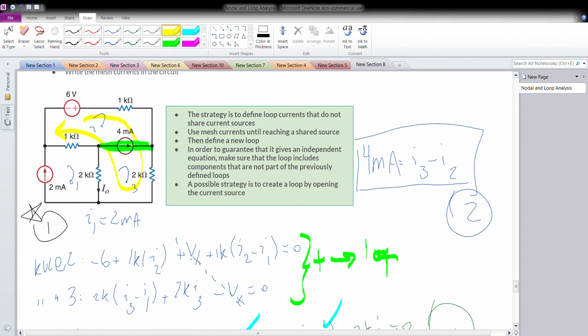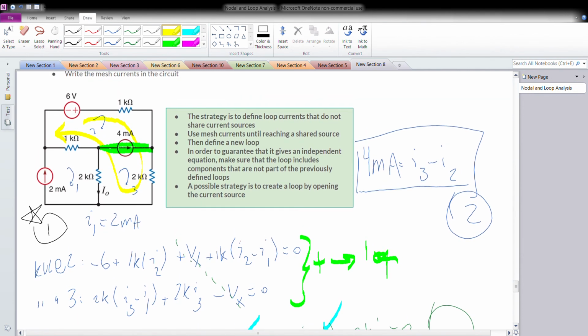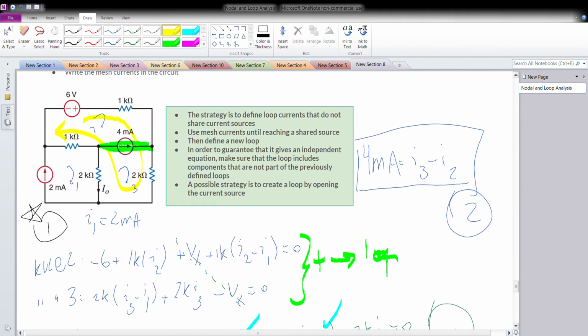But just like with the super node, where when I was doing my nodal analysis I still kept those nodal voltages the same, I'm still going to keep track of my loop currents wherever they apply, but I'm just going to write everything in one equation. So for that yellow loop that I just defined, let me copy this again down there.